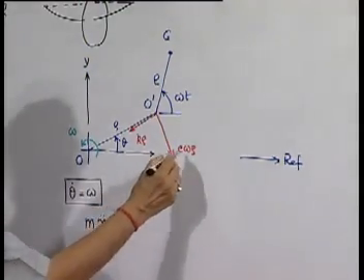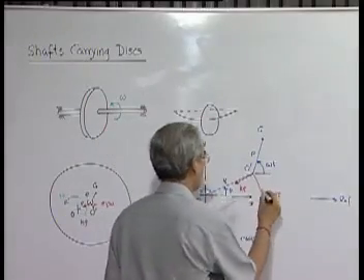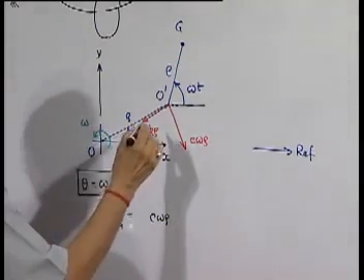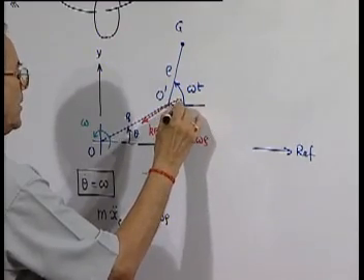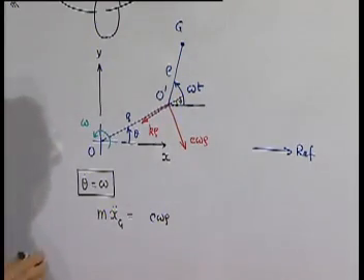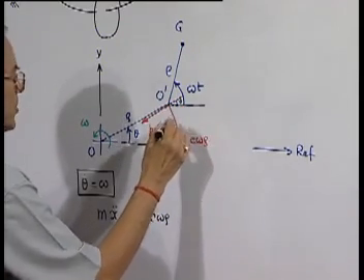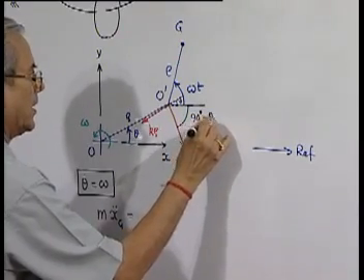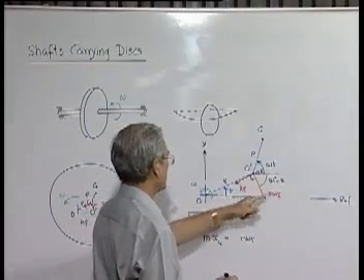How much is that? One is c omega rho, and what will be the component in this direction? Now, this angle is theta, this is omega t. So, omega t minus theta. So, therefore, this is 90 degree minus theta, because this is 90 degree, and since this is theta, it is 90 degree minus theta.